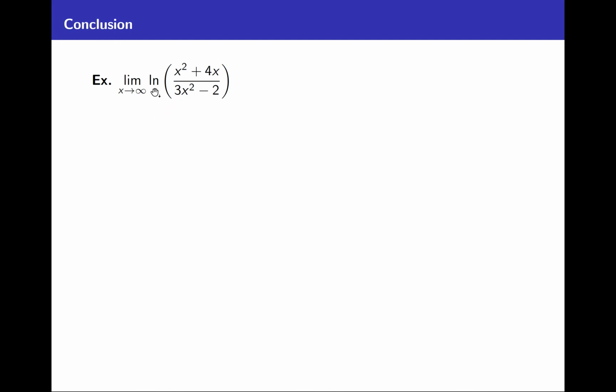Since ln is a continuous function, we can move this limit into the function, and we get ln of the limit as x goes to infinity of (x squared plus 4x) over (3x squared minus 2). So inside of ln, we now have an infinite limit of a rational function. And you can see what that limit equals by looking at the highest powers of x.